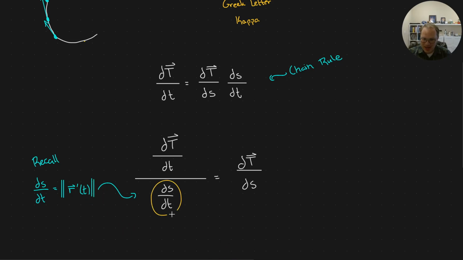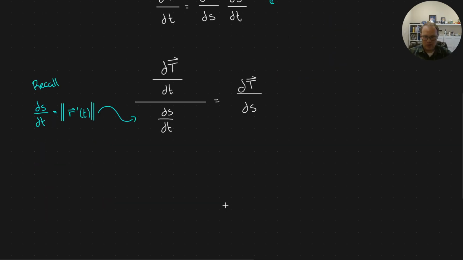So I could plug that in here, and then notice, look at this. Is there any s in there? There is not. So I can get rid of that arc length parameter entirely. So I have the derivative of the unit tangent vector with respect to our arbitrary parameter t divided by, and then instead of ds/dt, I could write in the norm of r prime.